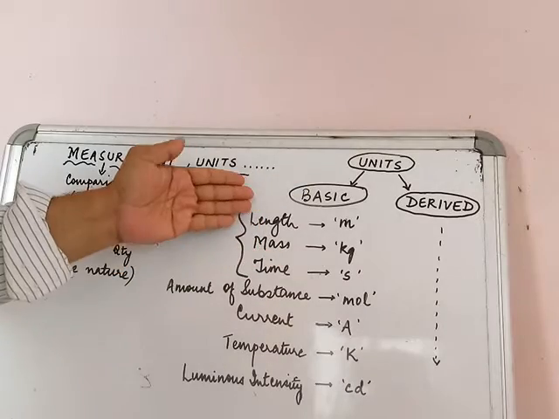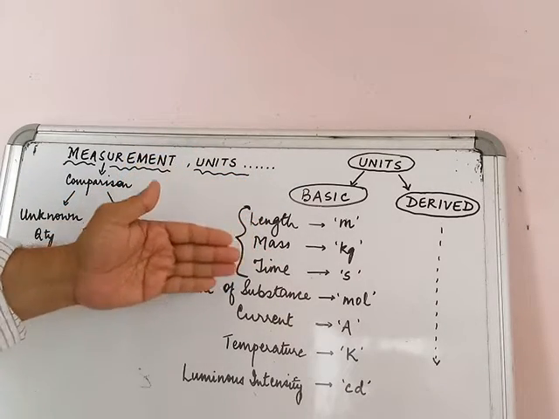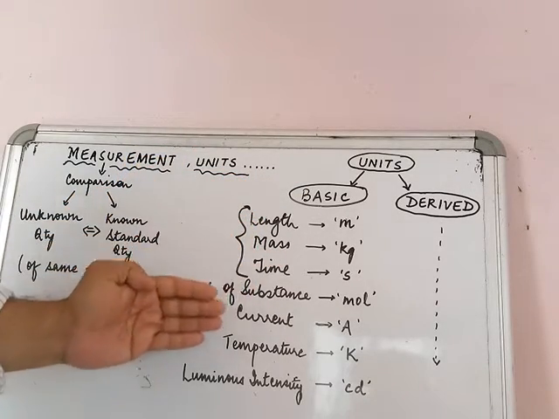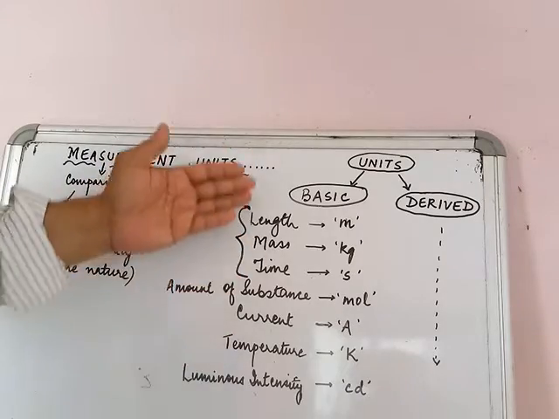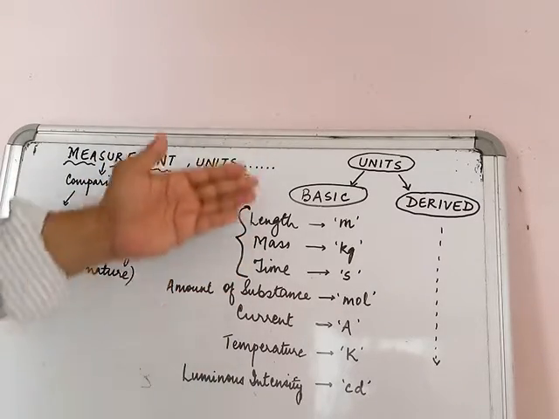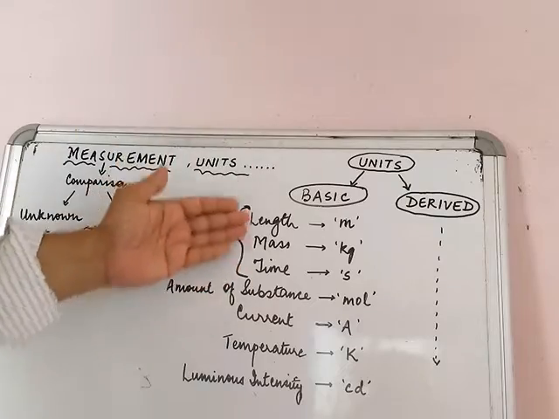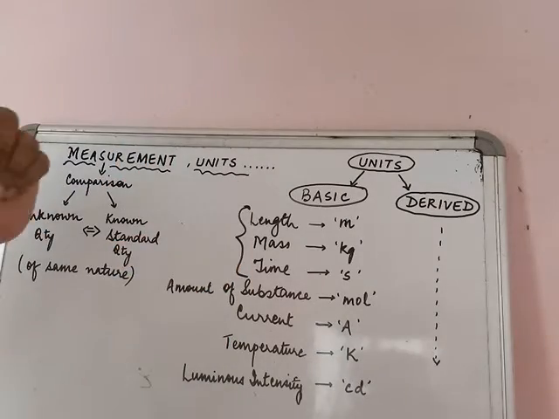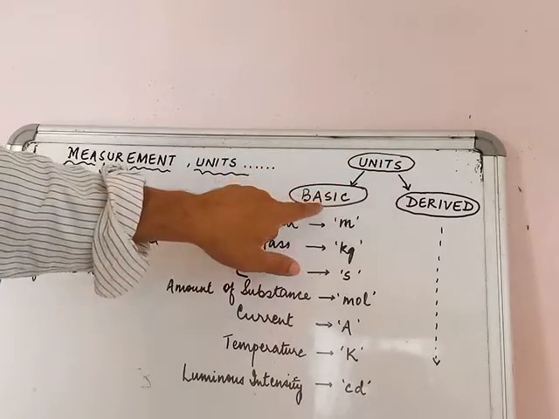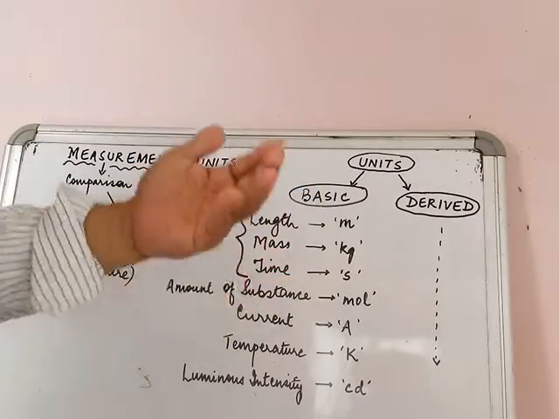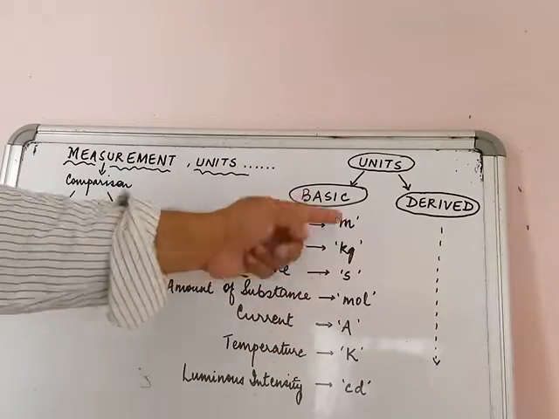If we talk about length, mass, time, amount of substance, current, temperature, all these are basic physical quantities or fundamental physical quantities.